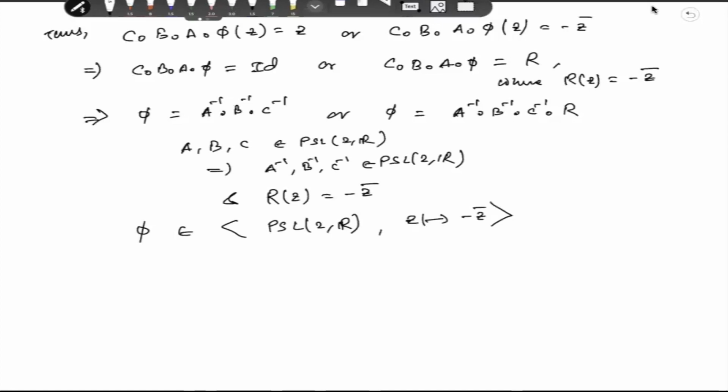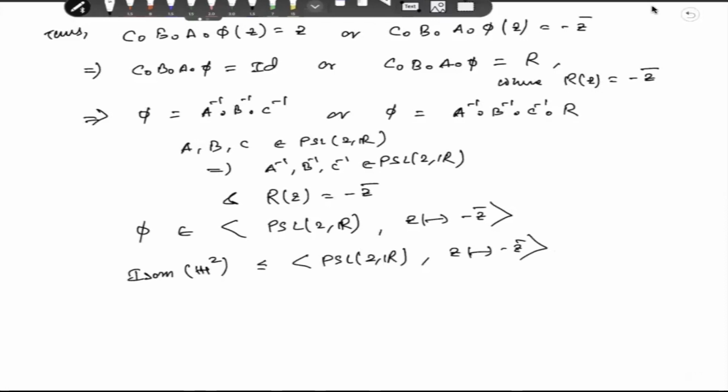So what we have proved is that the isometry group of the upper half plane is a subgroup of the group generated by PSL2(R) and this map.